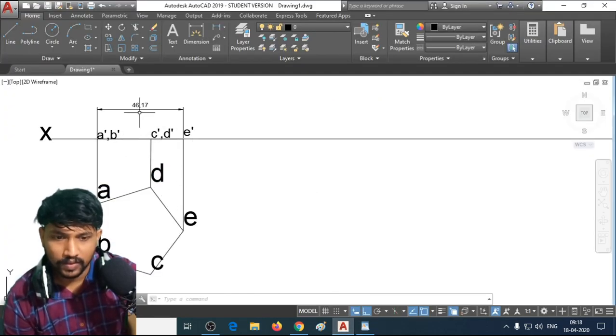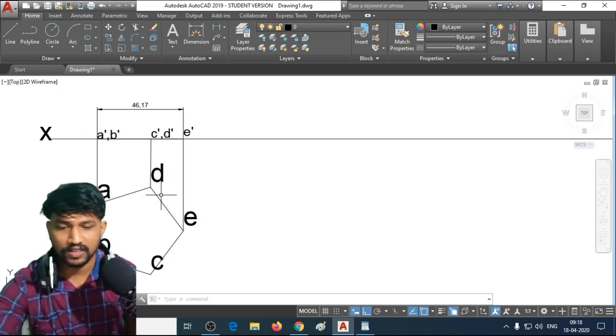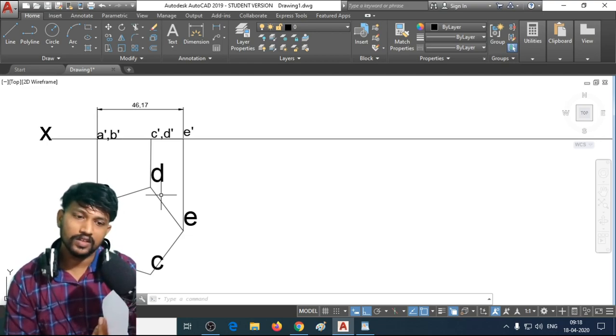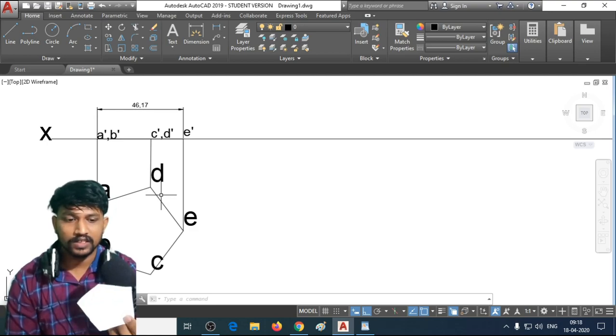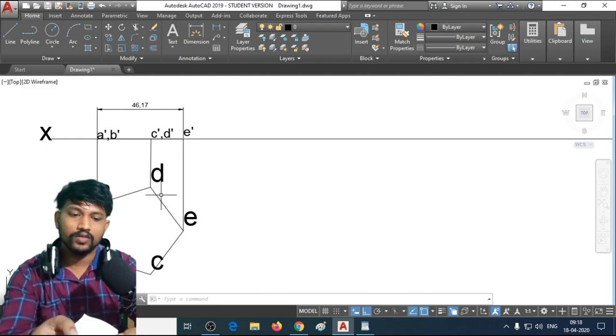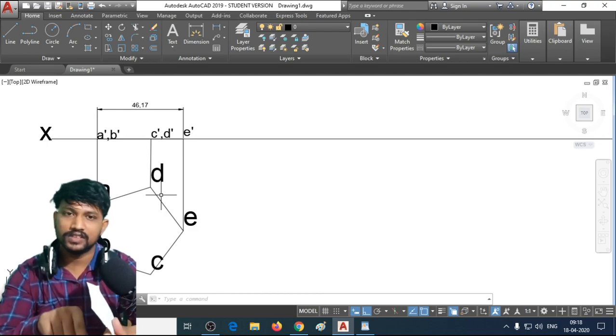From this one, since it is perpendicular to the vertical plane, this particular surface is actually now perpendicular to the vertical plane. Okay, so that's why in the front view initially we have to take it as resting on the horizontal plane. So what we are going to do now is lift it like this up to an inclination of 60 degrees.